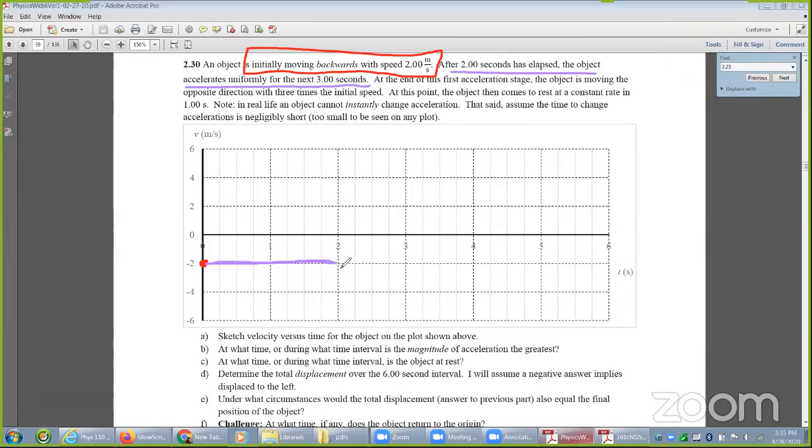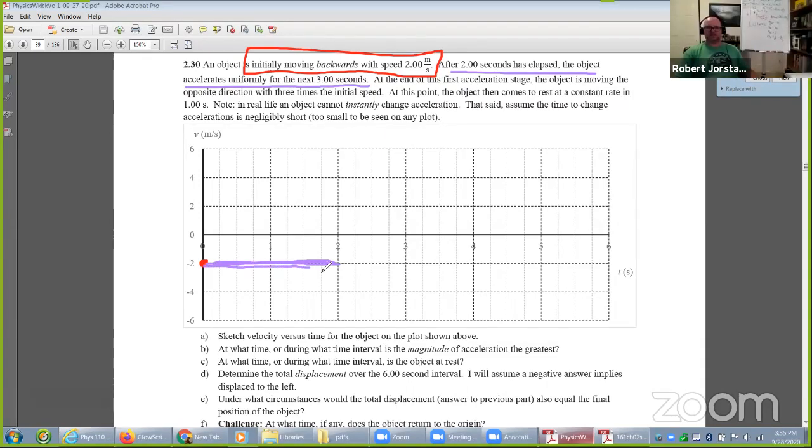You're right, so that's the key. That's a fancy way of telling us acceleration is 0. So this tells us A equals 0 for 2 seconds. That's sneaky.